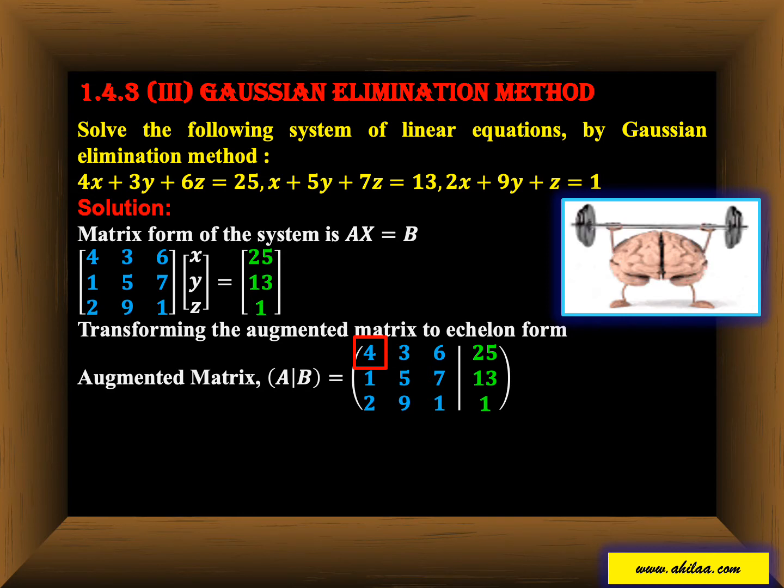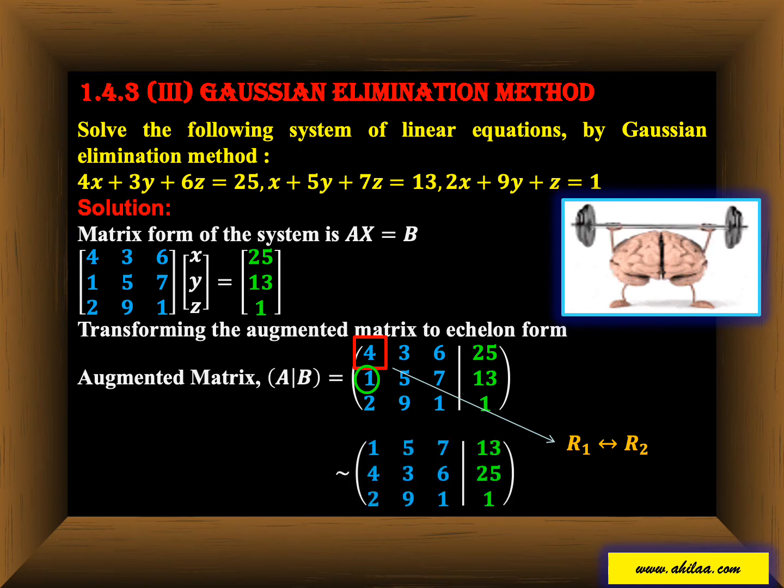So I inspect the first column. Here I can see 1 in the place A21, that is in the first column. So better I interchange row 1 and row 2 to make this A11 as 1. So my operation is R1 interchange with R2.